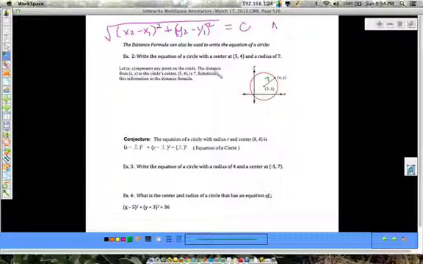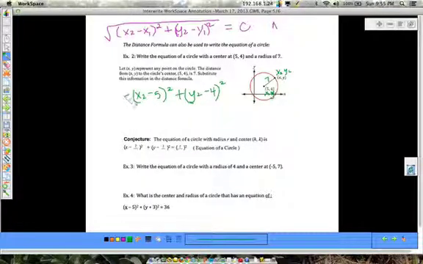So if we think through this, with this being x1 and y1, and this being x2 and y2, let's write our formula. We know that x2 minus my x point, which is 5, my x1, quantity squared, plus my y points, y2, we don't know what y2 is, minus 4 quantity squared.